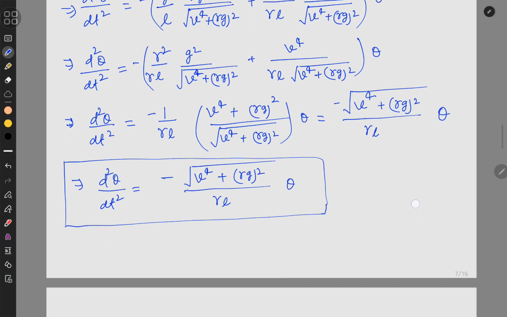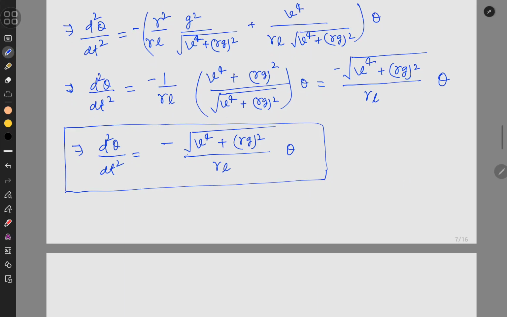Now in this equation, I know the equation for the SHM.